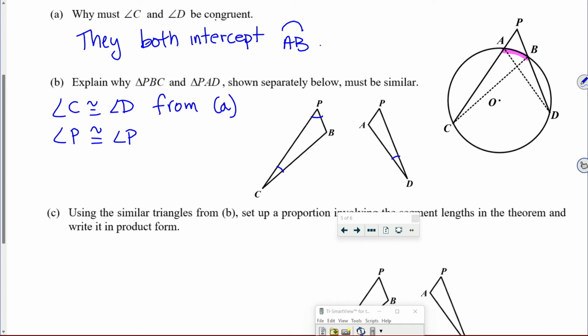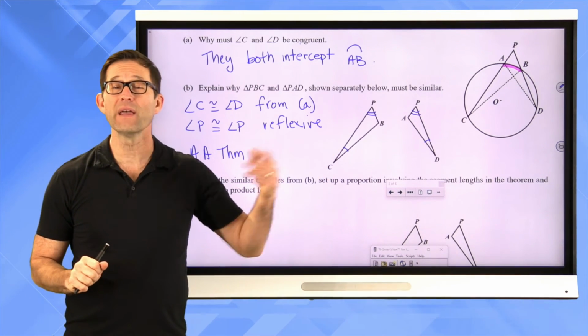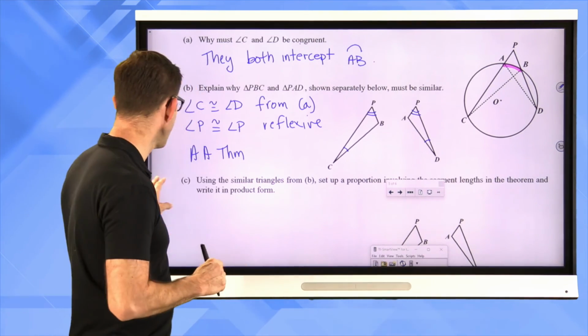It's a shared angle. Those two angles are equal to each other, and that's the reflexive property. So we now have the angle-angle theorem to show that these two triangles are similar.